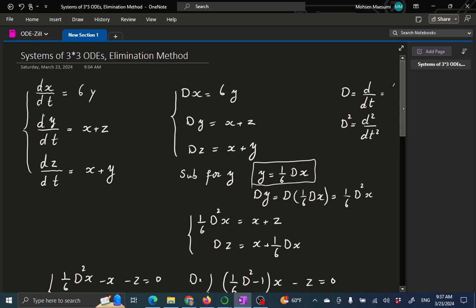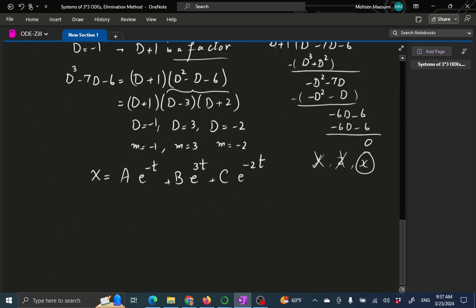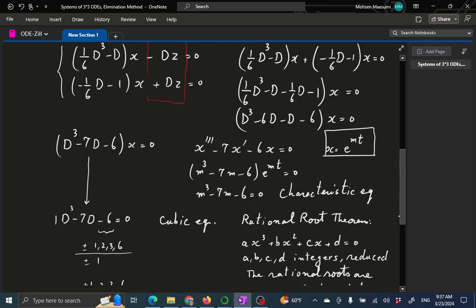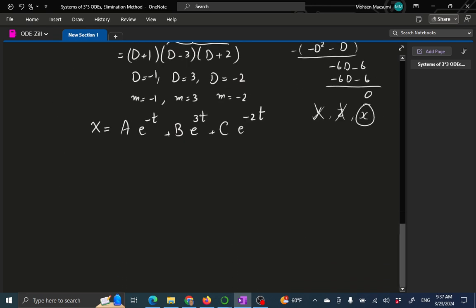This is easy. We use the relationship that y is 1/6 of dx. Again, reminding you, that means derivative.